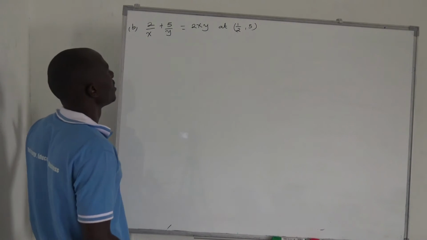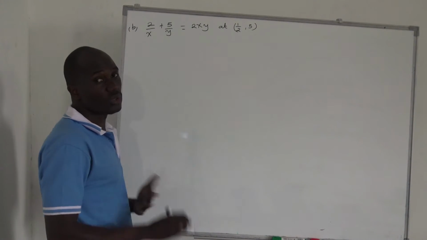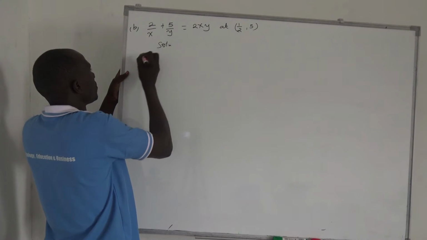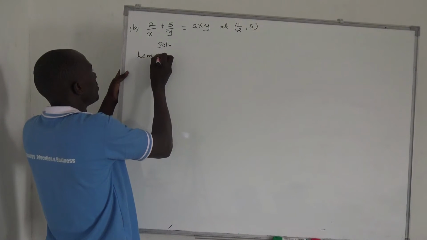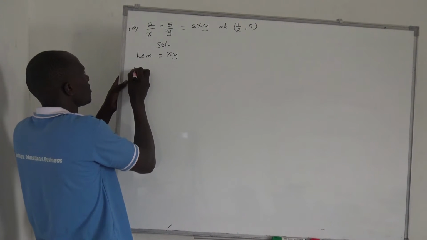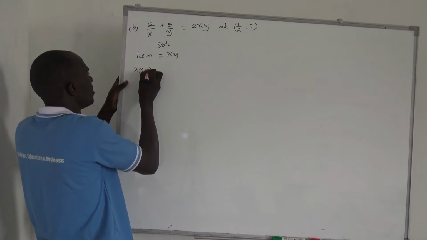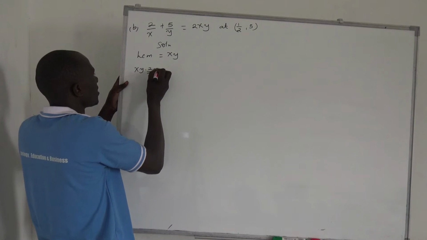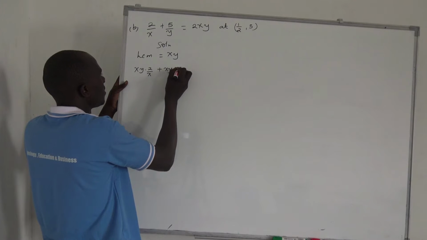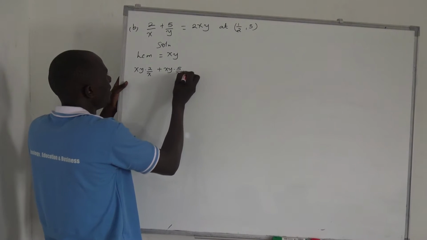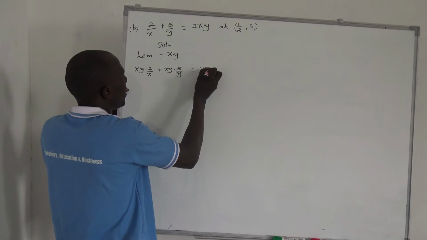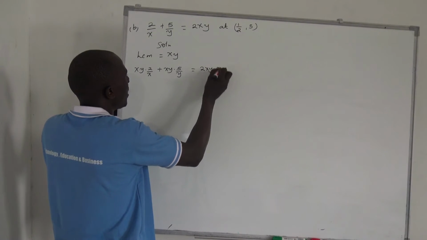The same story. You can easily find the LCM to ease the work. So what is the LCM? Let's look at the solution. The LCM is xy. Multiply out by the LCM. We say xy times 2 out of x plus xy times 5 out of y equals 2xy times xy.